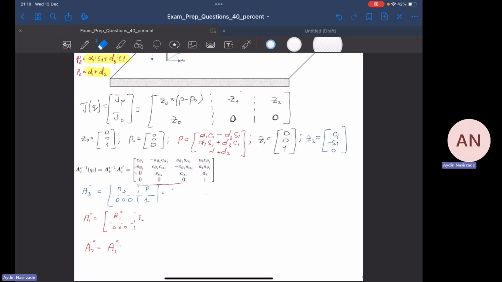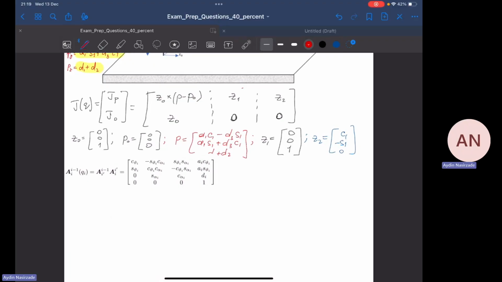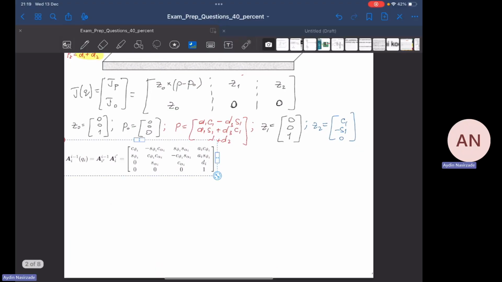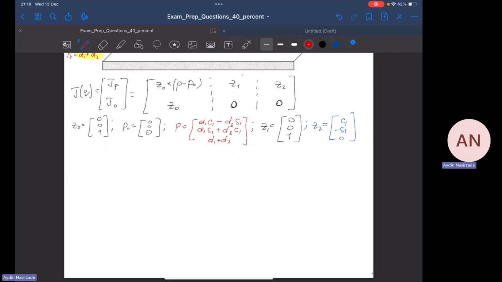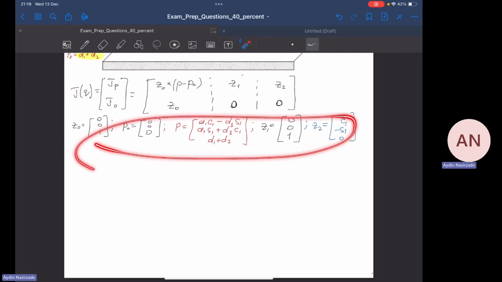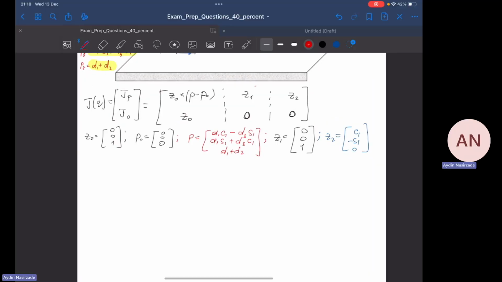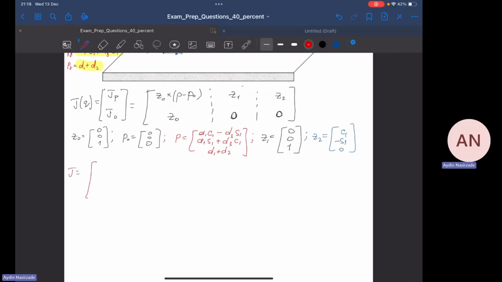Okay, now let's move on. The question was finding the Jacobian matrix, right? Now let's try to do it. So all we have to do is to substitute these values here. Okay, let's do it. So J is going to be equal to Z0, which is 0, 0, 1, cross product, P minus P0.